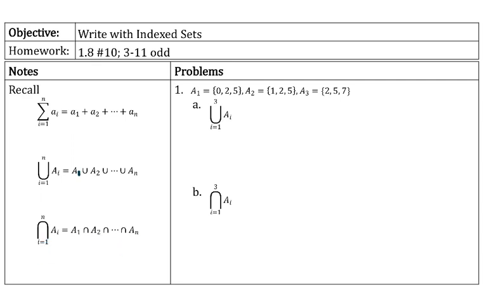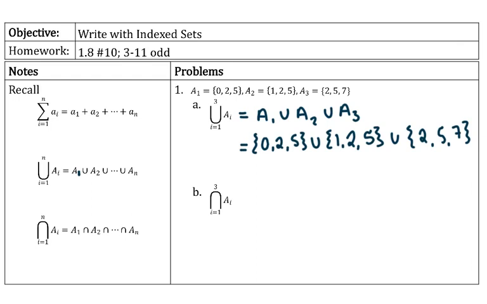So if we're going to use this notation, this would be the union of all the sets A sub i, starting at i equals 1 to i equals 3. And we're just given, in this case, an example. So here, for part A, we have A1 union A2 union A3, and we can expand those out with these 3 element sets that we have.